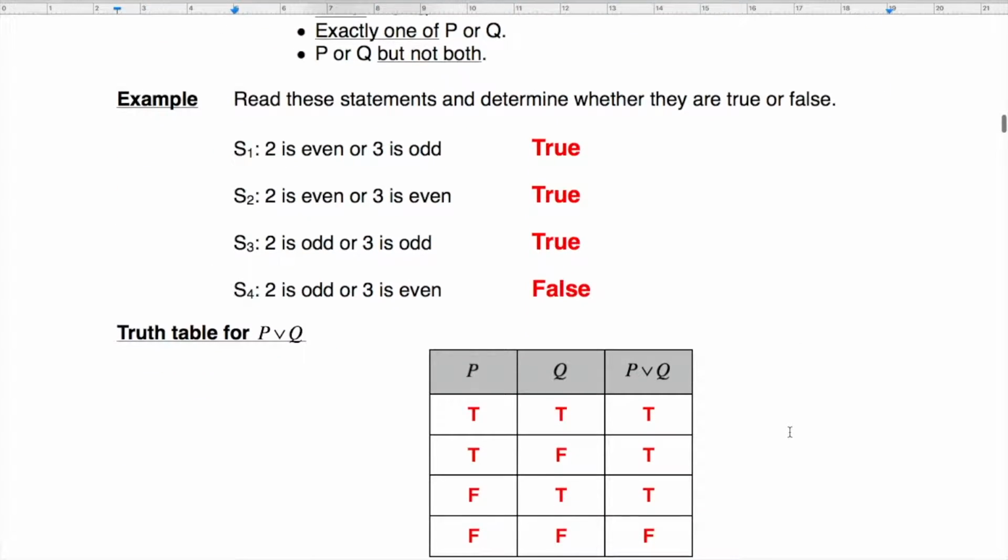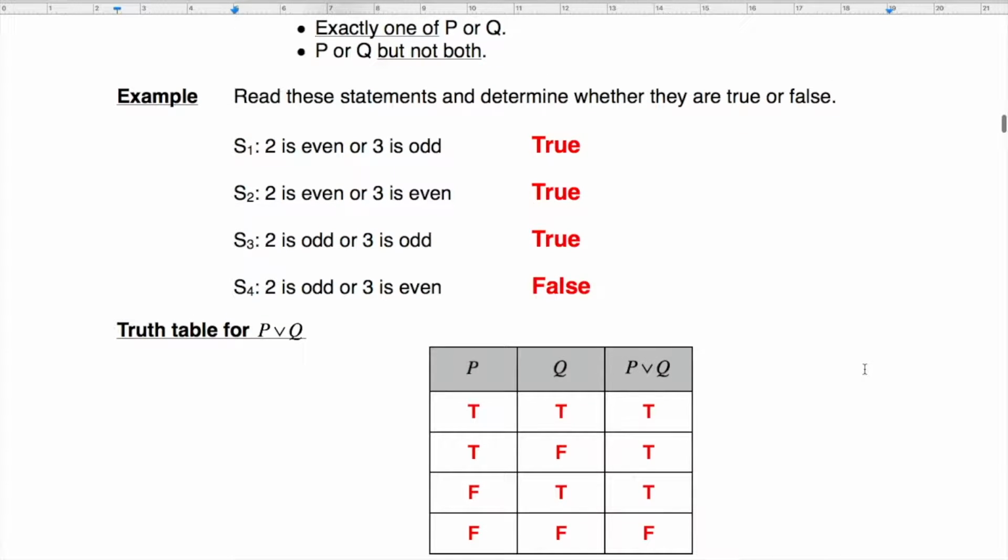So, the statements here follow the same pattern as earlier, and we'll see how it changes the combined statements in terms of truth values. S sub 1: 2 is even or 3 is odd. That's true. S sub 2: 2 is even or 3 is even.